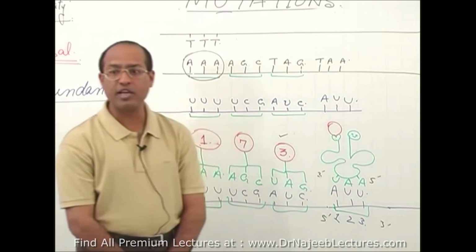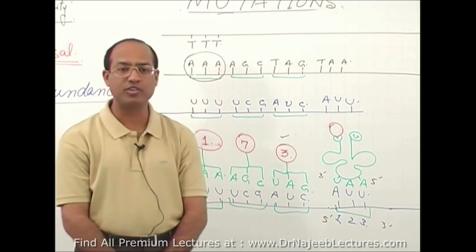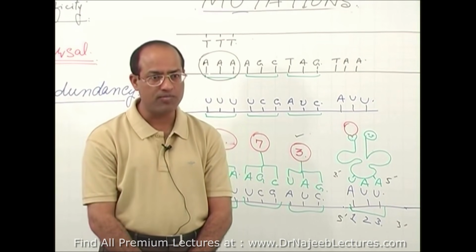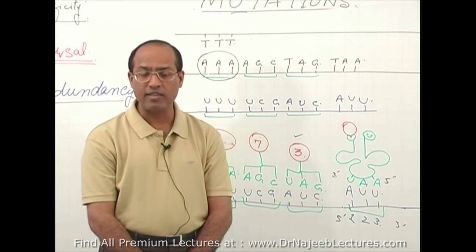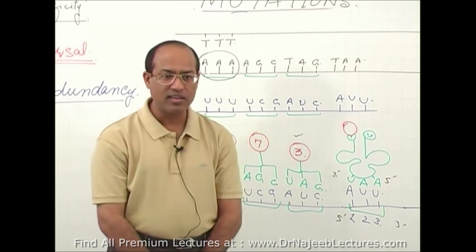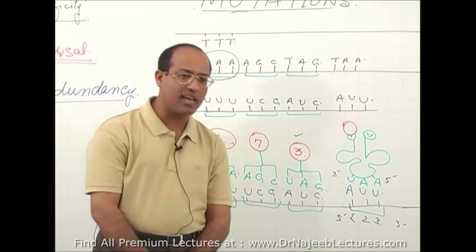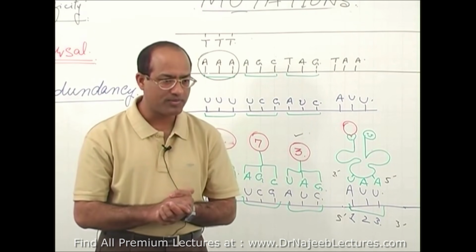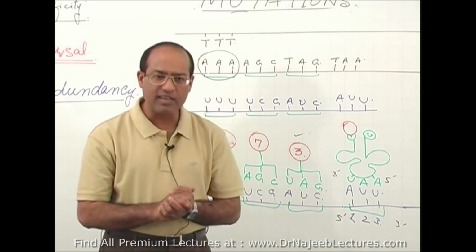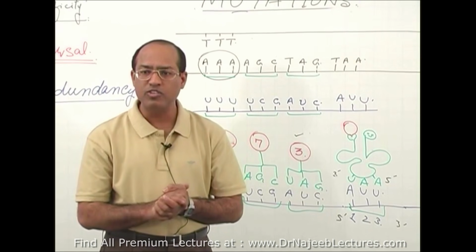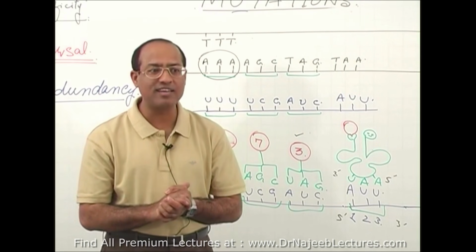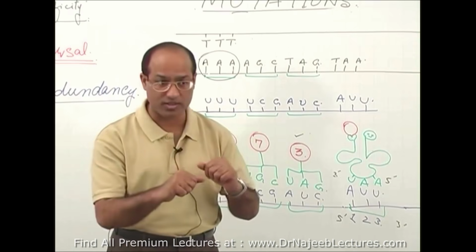But as it happens in real life, it happens in the genetic coding system also that the ideal situation is not met with, and then as in practical life we settle for less than ideal. Is that right? In the same way, transfer RNA also sometimes settles with less than ideal complementarity.